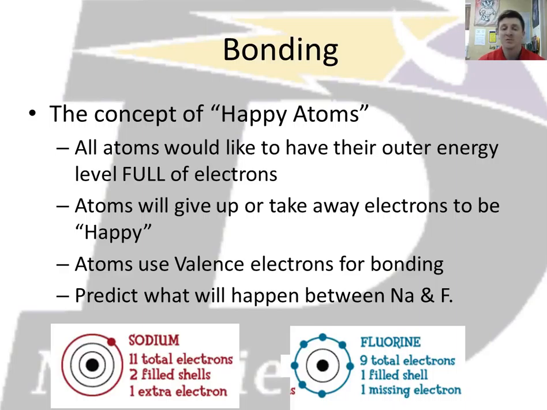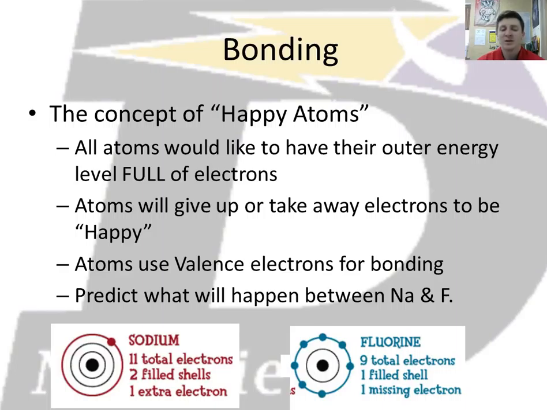And it's basically the same thing, that atoms are going to give up or take away electrons in order to be happy. And what we mean by happy is stable versus non-stable. And atoms will use valence electrons for the bonding to occur. And we mentioned this in previous learning targets, that valence electrons are very important in determining chemistry, for that matter. What types of reactions take place and what chemicals are going to bond is because of valence electrons.